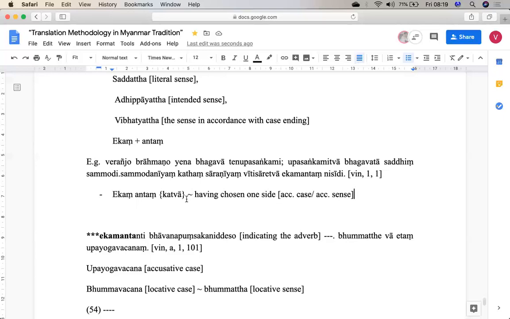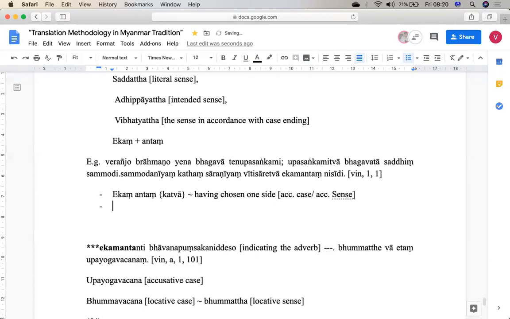And after that he said having chosen one side. So choosing one side, and there he said in this way. And the next one is based on the first explanation of the commentator, bhāvanapuṃsakanidesoti.